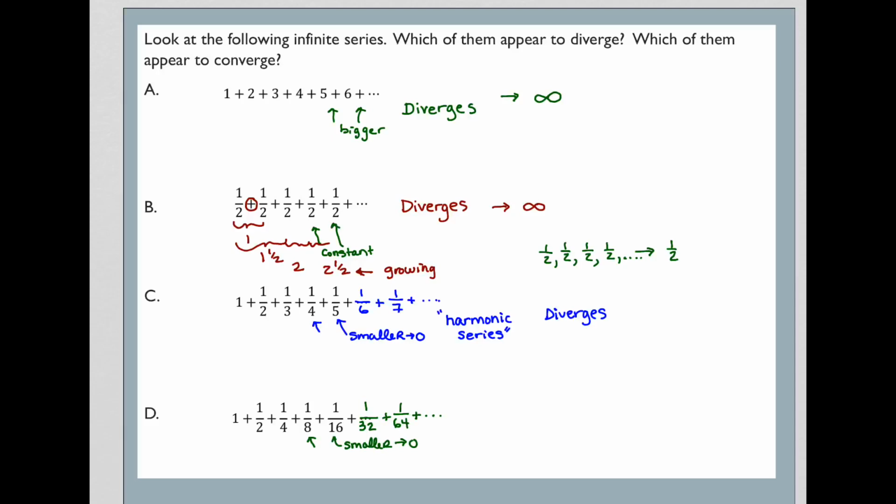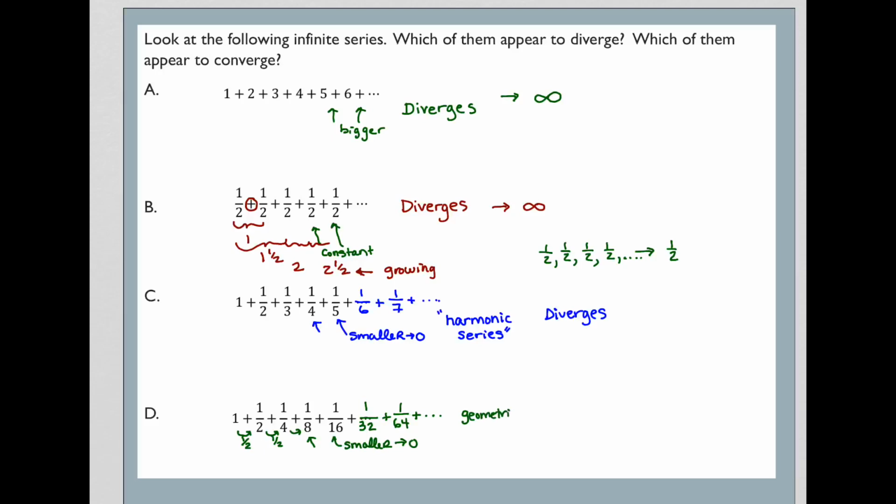How am I getting those terms? I'm noticing that each term comes from its previous term, and each time we're multiplying by 1/2, right? This is an example of a geometric series. We just got done talking about geometric series.